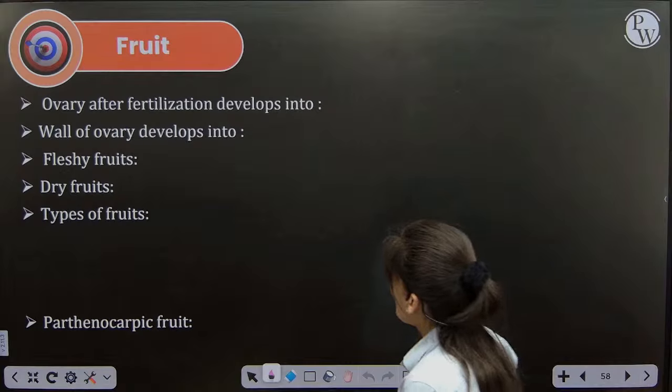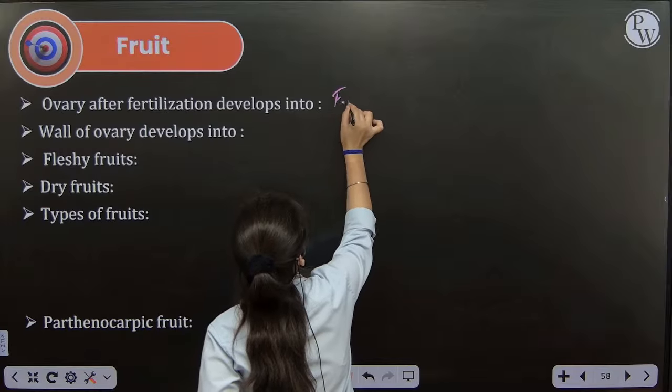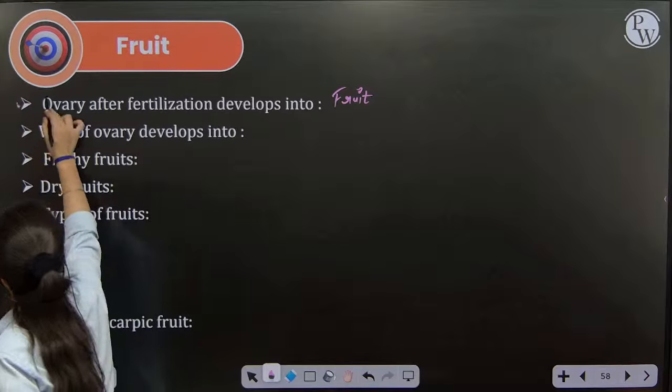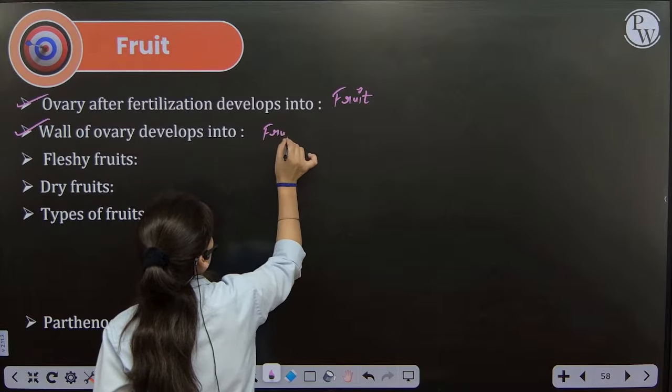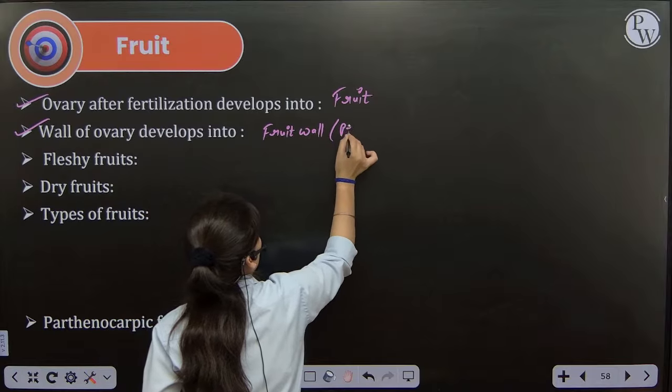So after fertilization, the ovary develops into fruit. The wall of the ovary develops into the fruit wall, and the fruit wall is known as pericarp.